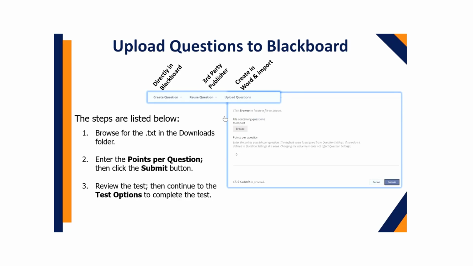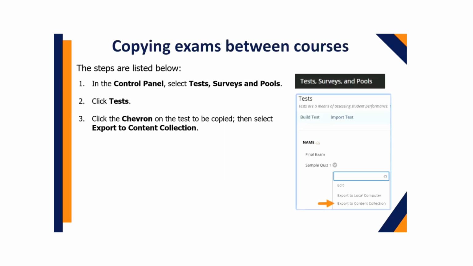When you upload, you're just going to browse for the file that you want to upload, and then set the points per question. It automatically defaults to 10, so you can set this to be 1, or you can change the default to be 2. If you want to go into Blackboard and change the default for every test question to be worth 2 points, you could do that as well. And then you would submit and see your questions.